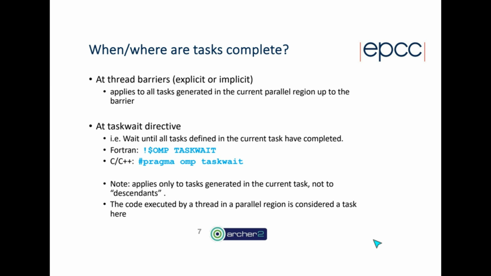So the specification calls that an implicit task. So the whole block of code that a thread executes inside a parallel region is considered a task. So if we have a taskwait, then the encountering thread will wait for all the tasks that it's generated up to that point.